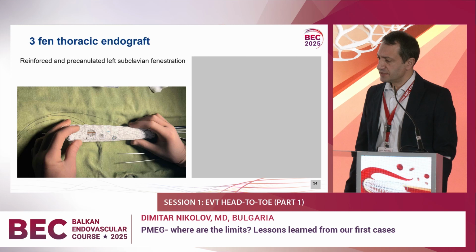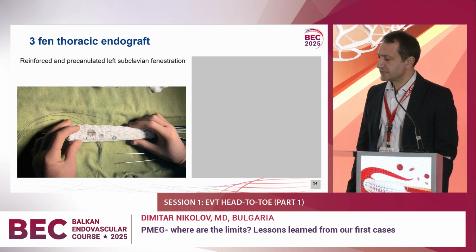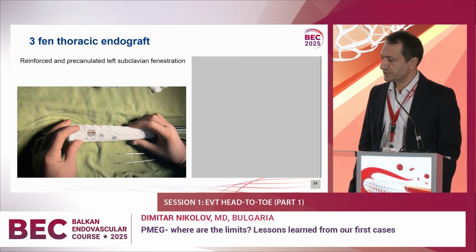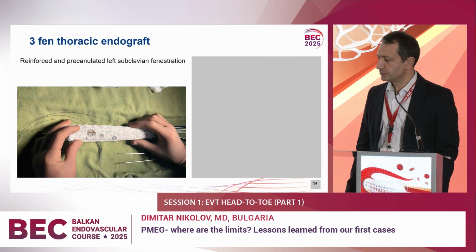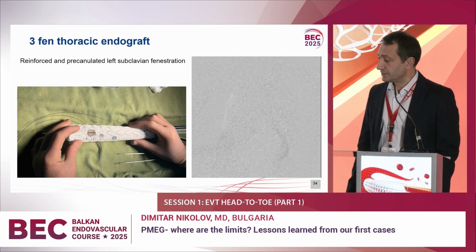In this case, we used 3 fenestrations with an Ancora thoracic stent graft: a reinforced and precannulated left subclavian fenestration, and 2 bigger fenestrations for the left carotid and brachiocephalic trunk.